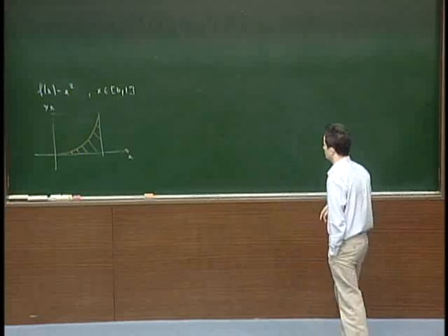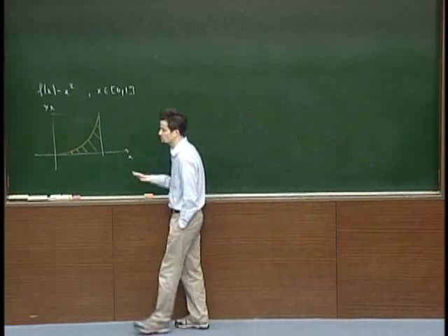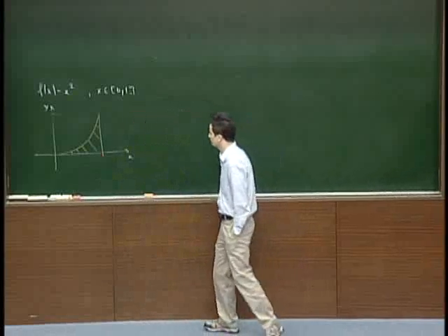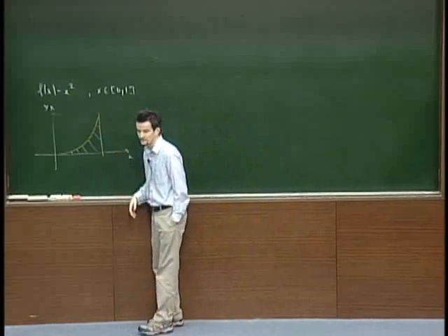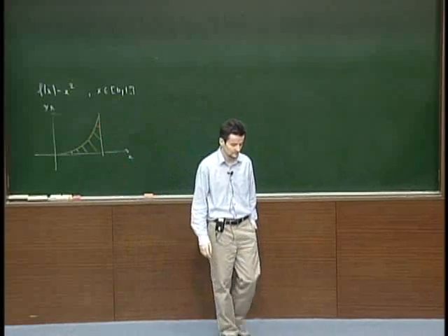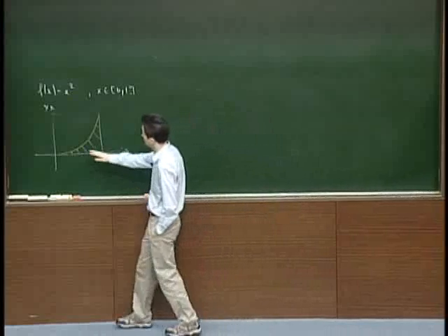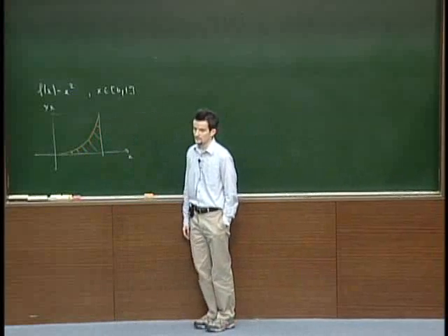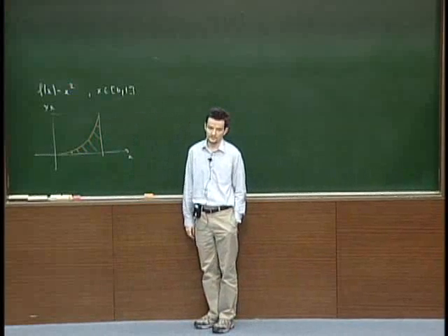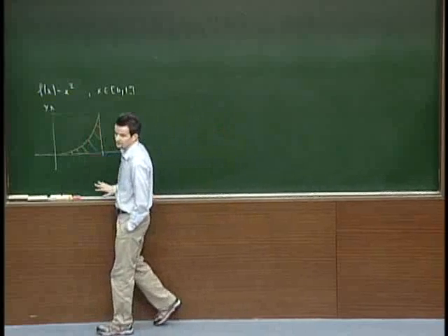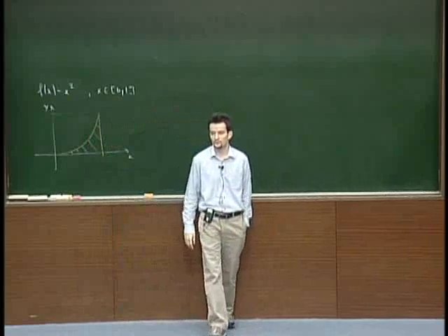So for a general area, we will use a similar approach. Because we know how to compute the area of rectangles, we will inscribe rectangles and approximate the area by a sum of areas of rectangles instead.